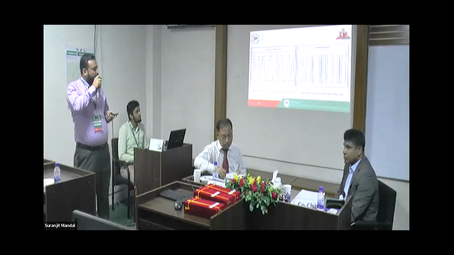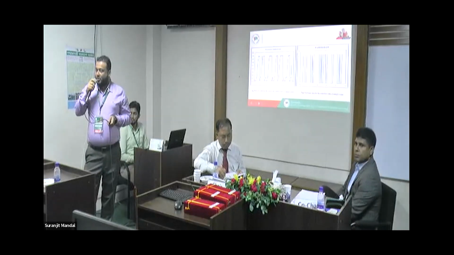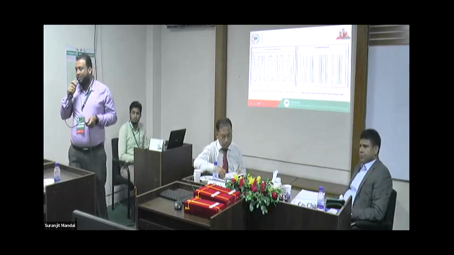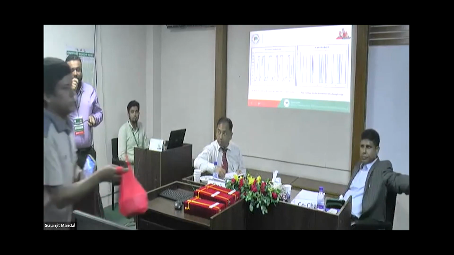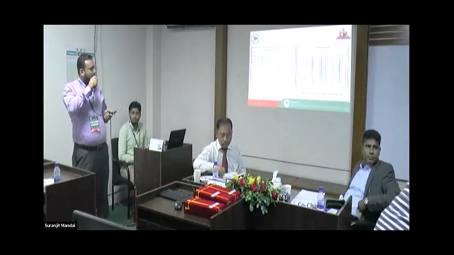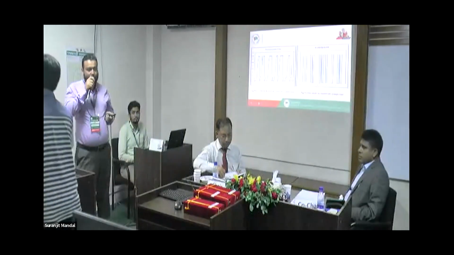Then we used the water flow sensor to find the flow of the water, and here the water flow is determined in liters per minute. The water flow ranges from 0 to 0.5 liters per minute.